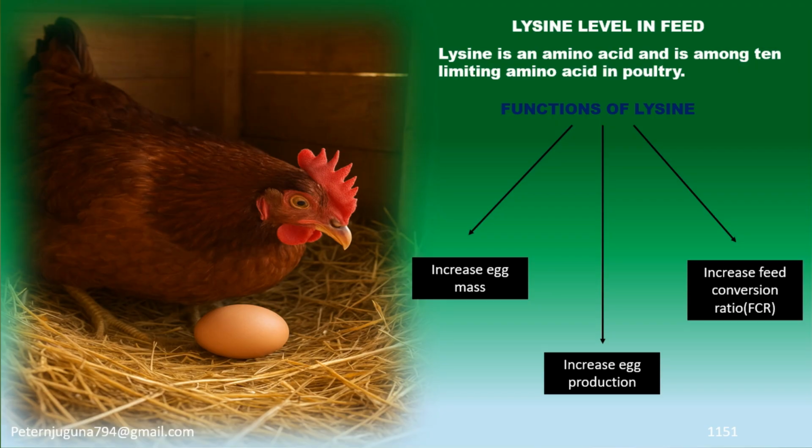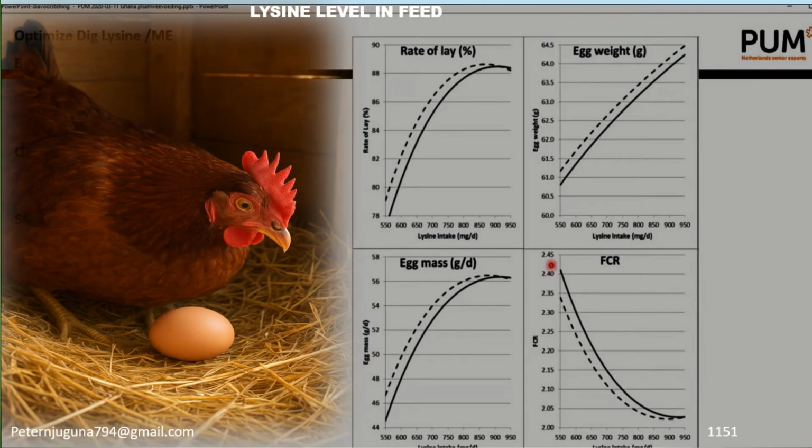So we are going to see the graphs that are here, and graph number 1 is illustrating the relationship between the rate of lay and lysine intake. In the x-axis, we have the lysine intake, milligrams per day, and in the y-axis, we have the rate of lay.